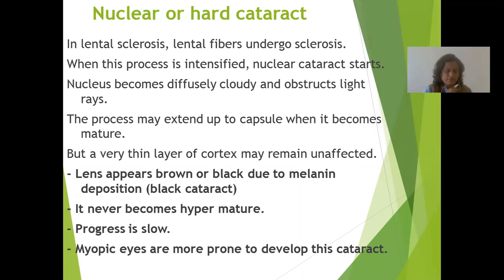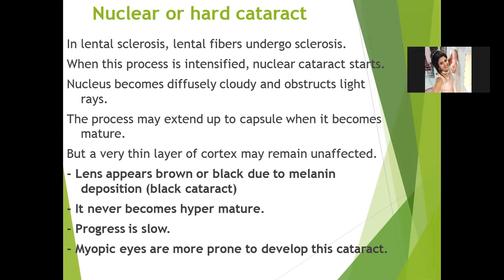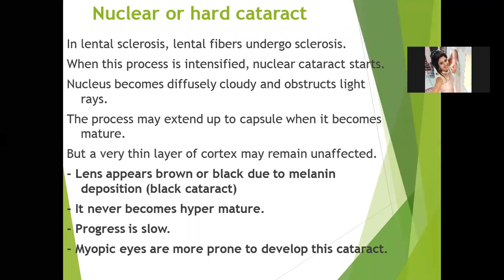At first, the nucleus appears more refractile, and as time progresses, it becomes diffusely cloudy and often yellowish in color. The cloudiness gradually spreads toward the cortex, and the lens becomes a tinted dark brown color. So there is a brown cataract, cataract lucens, and ultimately it becomes black and is called a black cataract. So there is a cataract nigra.